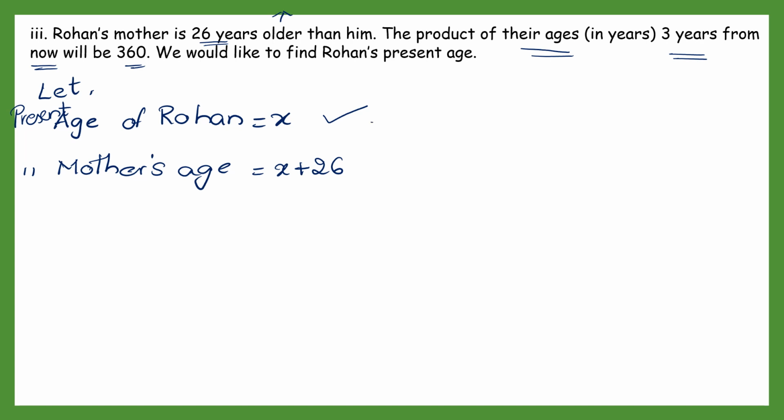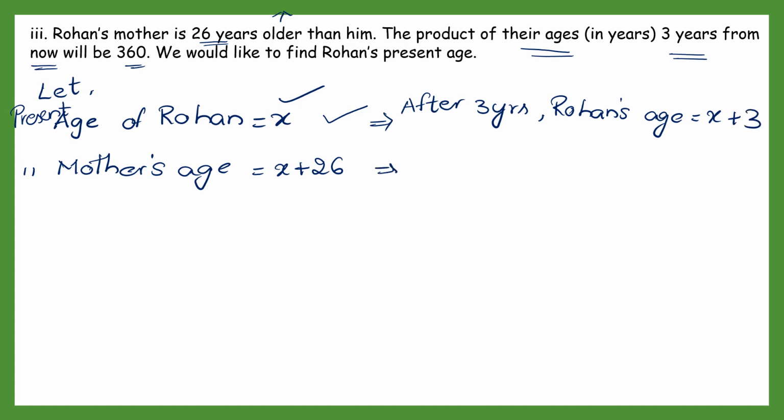So, first, after 3 years, Rohan's age will be what? Present age is x. After 3 years, age will be x plus 3. Present age of mother is x plus 26.